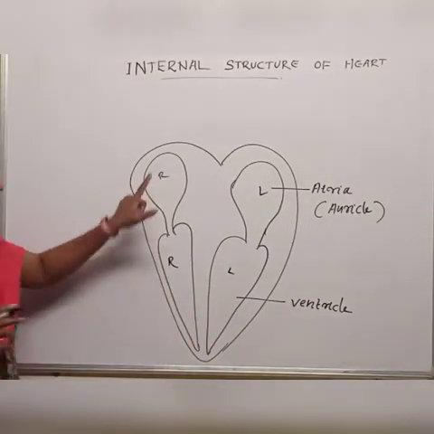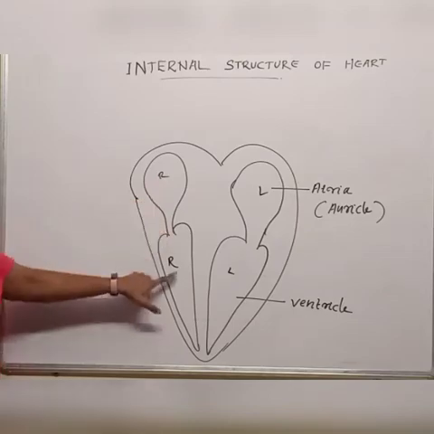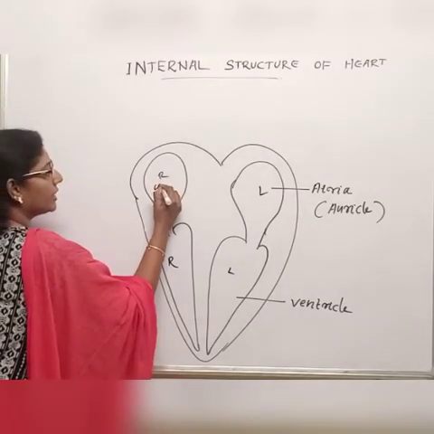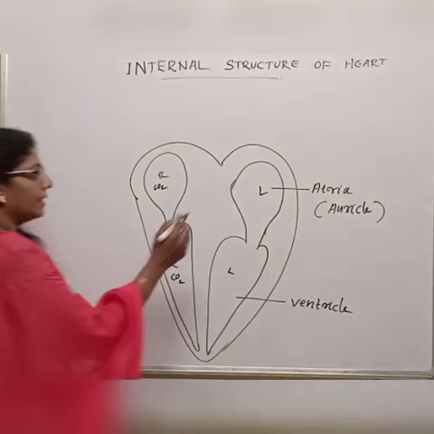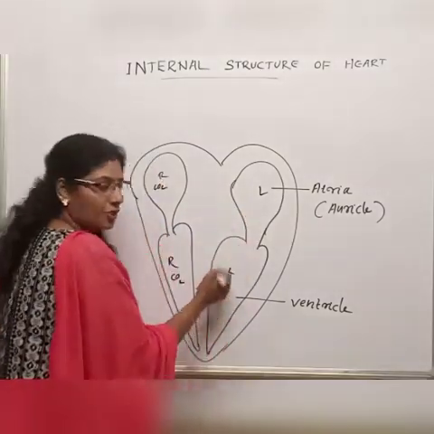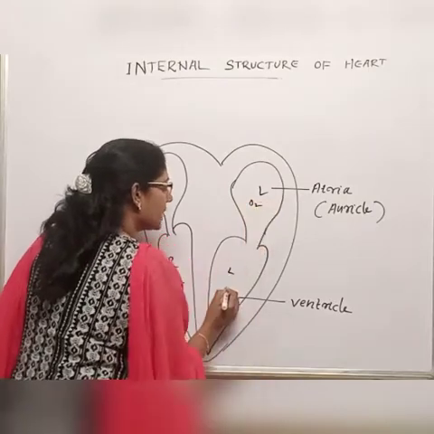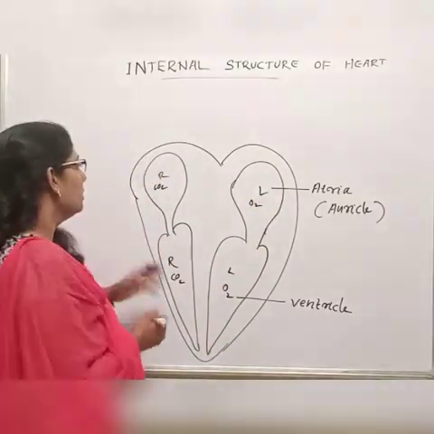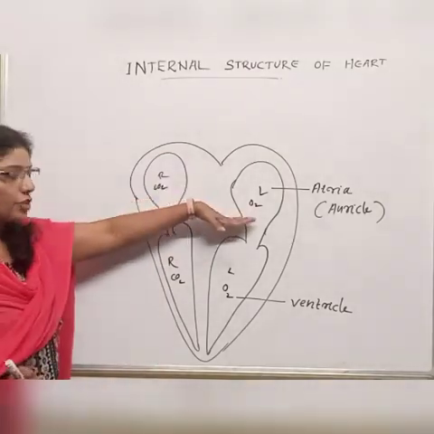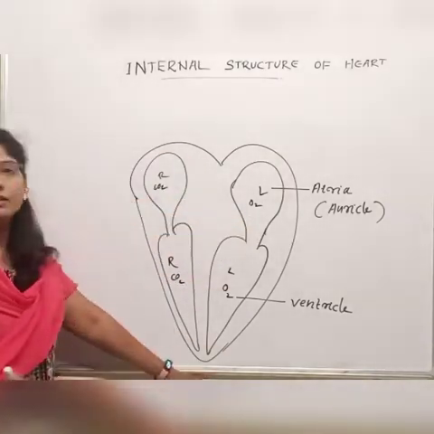The right side atrium and ventricle are filled with carbon dioxide filled blood, that is deoxygenated blood, and the left side atrium and ventricle are filled with oxygenated blood, that is pure blood. Now first we will see the atria, and then we will come to the ventricles.